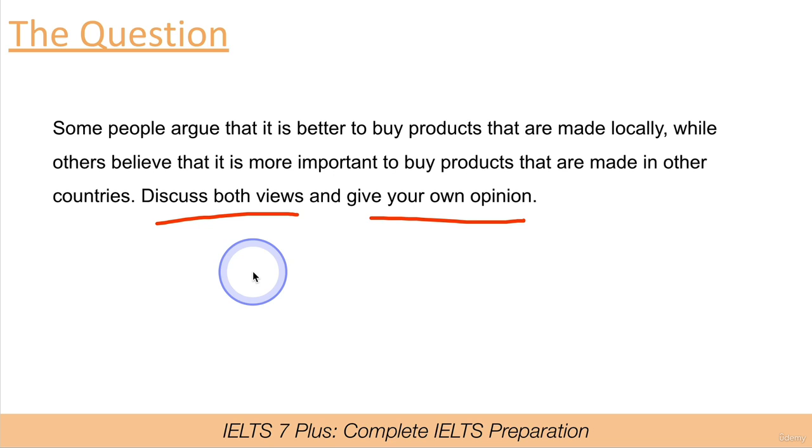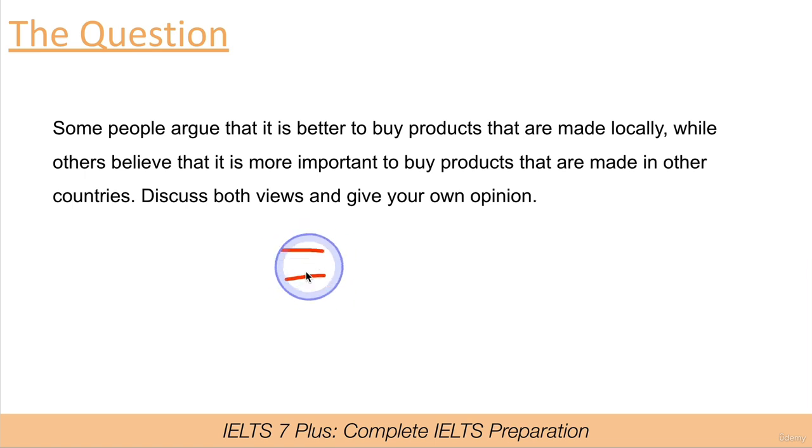There are a few ways which you can do this. You could discuss both views, so paragraph 1, paragraph 2, and then in a third paragraph you could give your opinion. So you'd have 5 paragraphs overall with your introduction and conclusion. However, today I'm going to show you the 4-paragraph approach. We'll start off with our introduction, then we'll present one side that you're not arguing for.